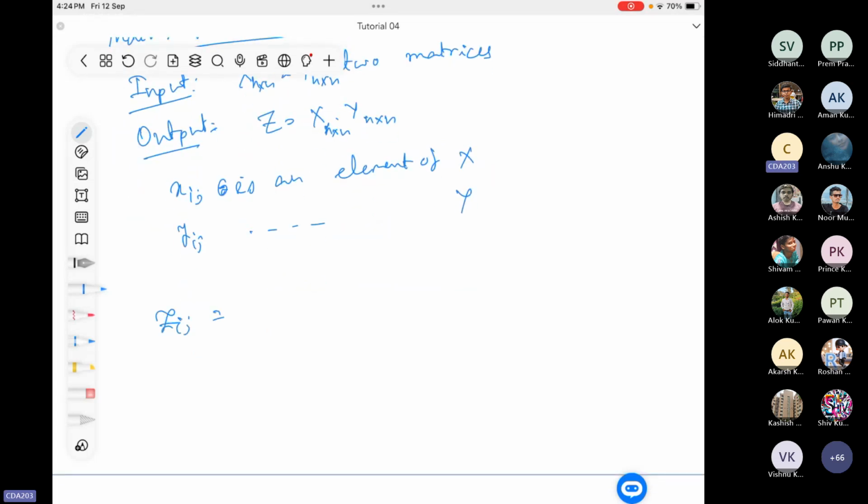It's the multiplication of the ith row of X and the jth column of Y, right?